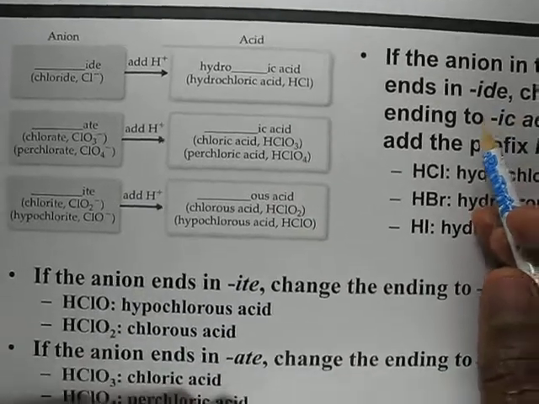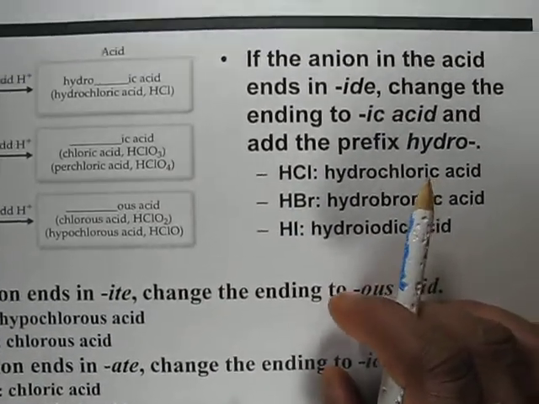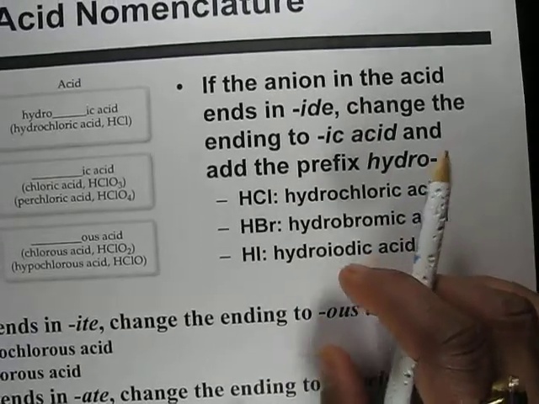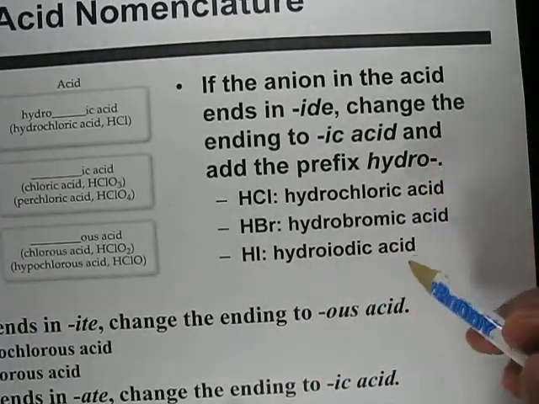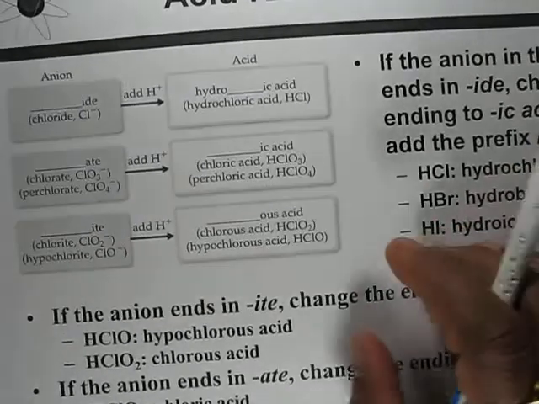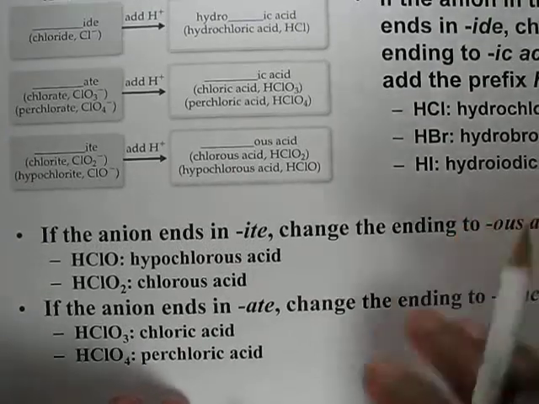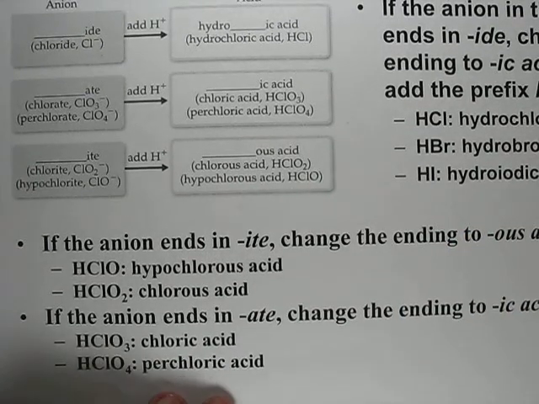This is another way you can make a table and learn the different ways. So this was about the naming of polyatomic anions and acids.